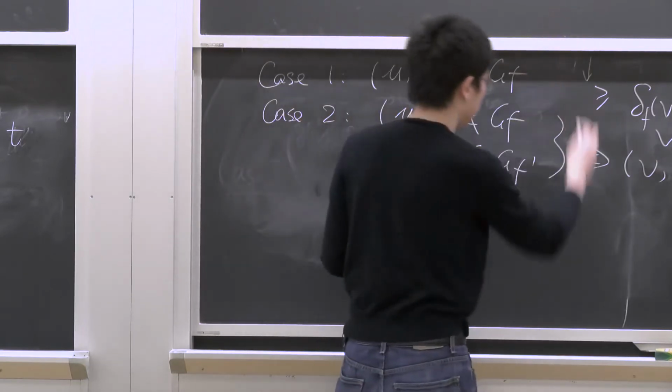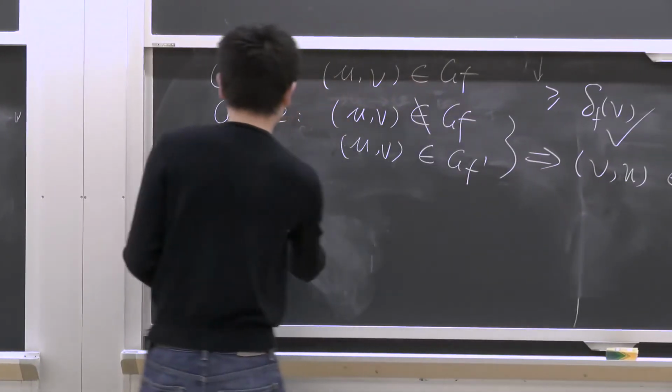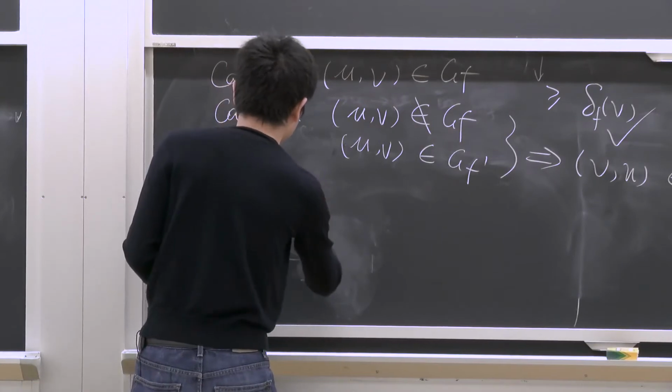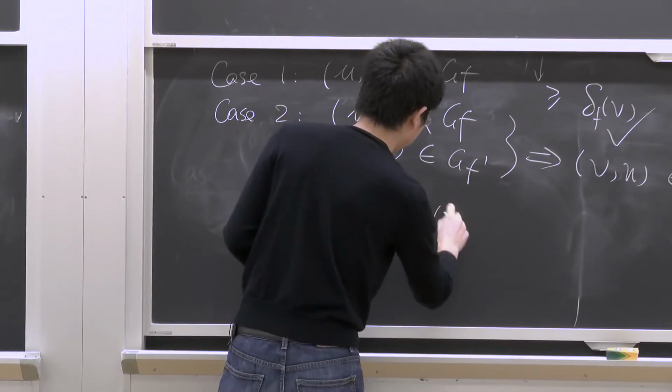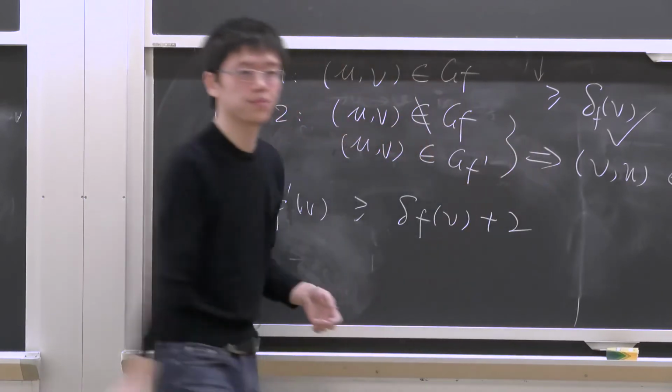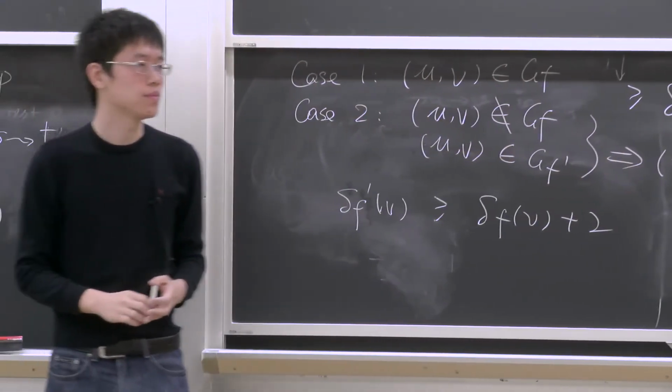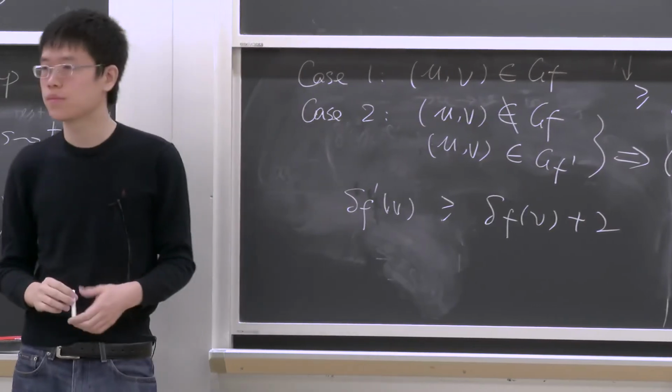That means that quantity here is delta_F of V plus 2. Okay?